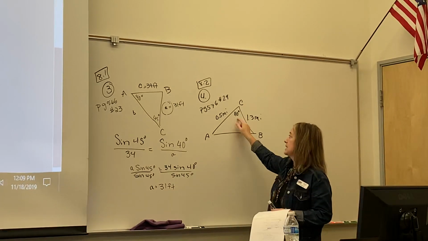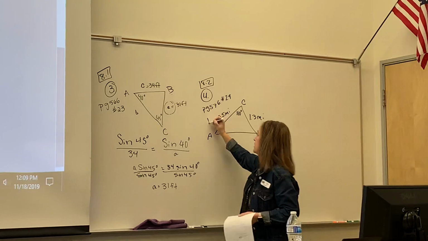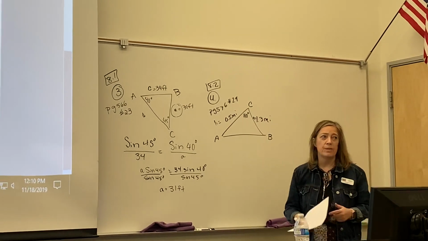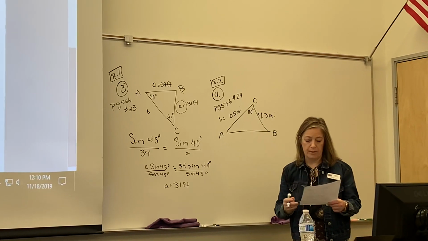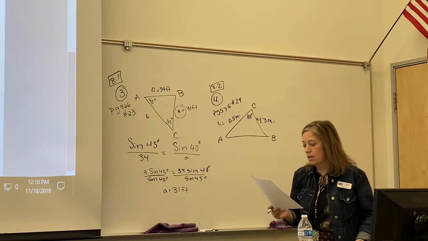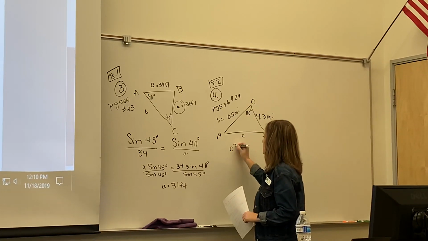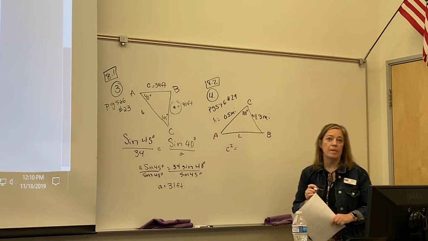So we're given little b, essentially, and this is little a. So the formula that we would use is the following from our formula sheet. We want to find little c. So little c, that formula is the following.